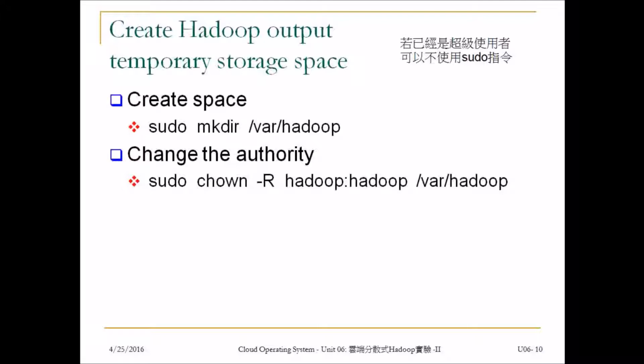So we will make a new directory in our Ubuntu Enterprise Cloud. Of course, we have to change the authority or owner to the hadoop group and the user account hadoop. Then we can use this new temporary storage space.